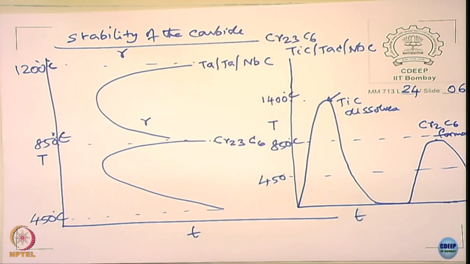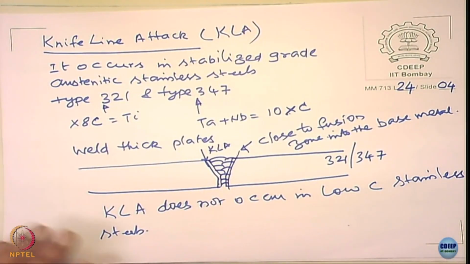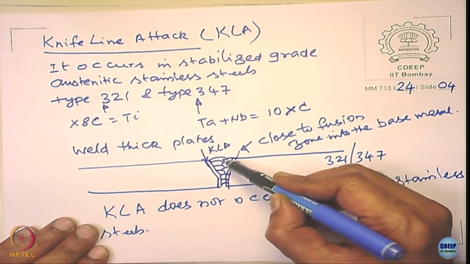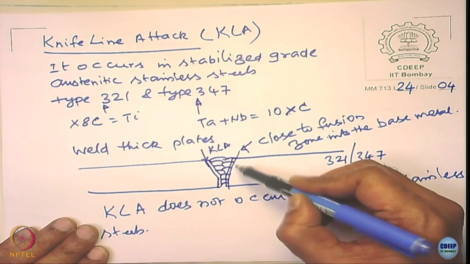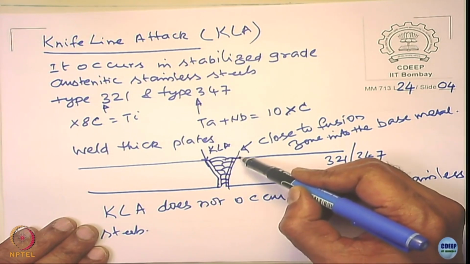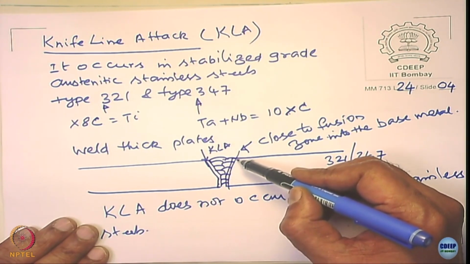Please notice in a weldment, okay, in a weldment, I just come back to this place here. This is the melting temperature here, it goes beyond the melting temperature. This place very close to the weld fusion zone in the base metal does not melt, lower than melting point, but the temperature is sufficient for the titanium carbide to dissolve.